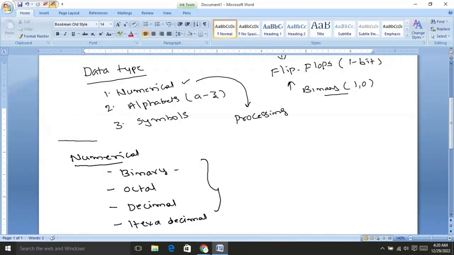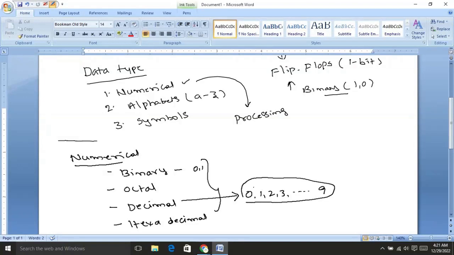The binary system can have only zeros and ones, and in general we use the decimal number system. The decimal number system has the digits 0 to 9, that means 0, 1, 2, 3 and so on up to 9, to represent any quantity by the combination of these symbols.